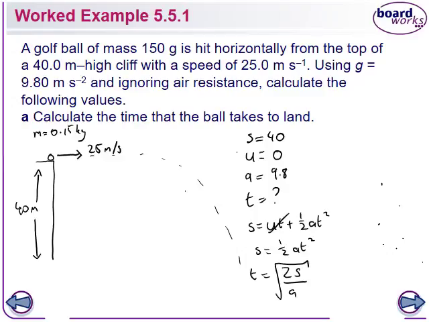I've just rearranged it to get to that. So t is equal to the square root of 2s on a, which is equal to the square root of 2 multiplied by 40, divided by 9.8. So if someone could calculate that for me, that'd be great.